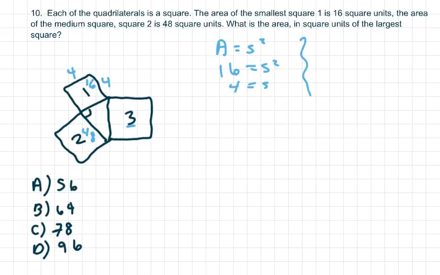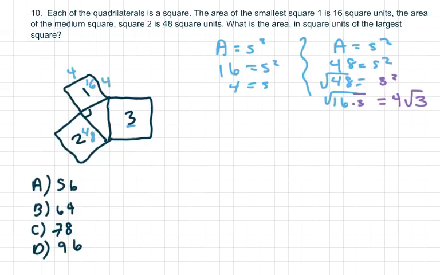The second square, we have area equals side squared, so 48 equals side squared, so the side is square root of 48, which is the same as square root of 16 times 3, which equals 4 square root of 3. So this is 4 square root of 3.